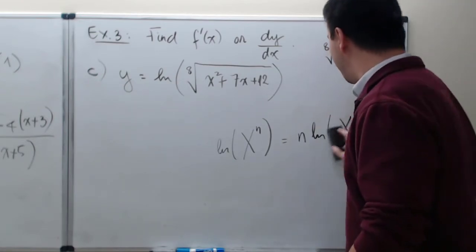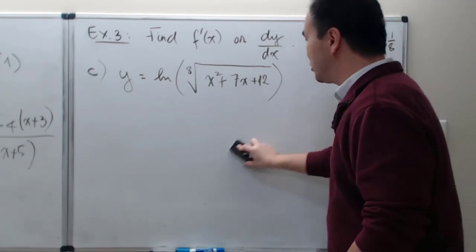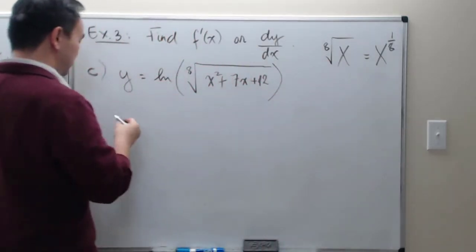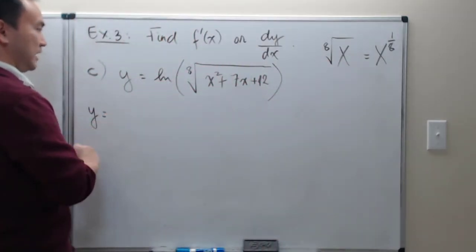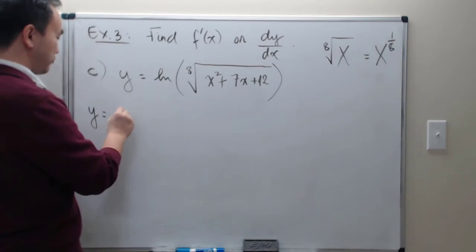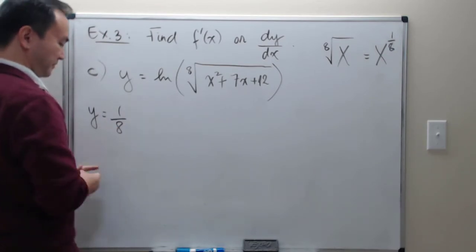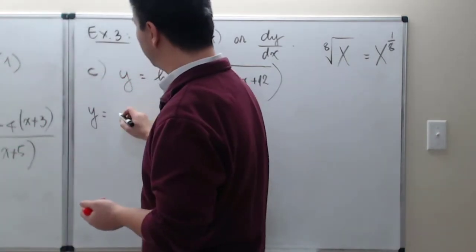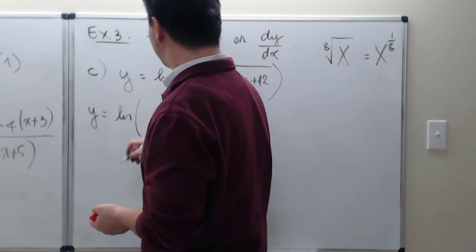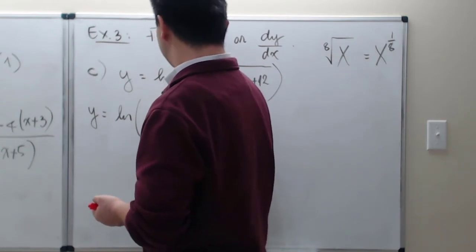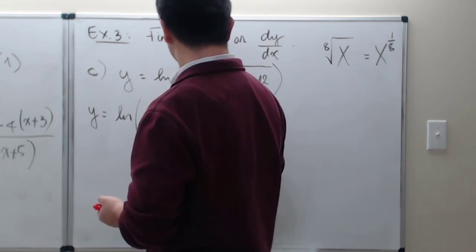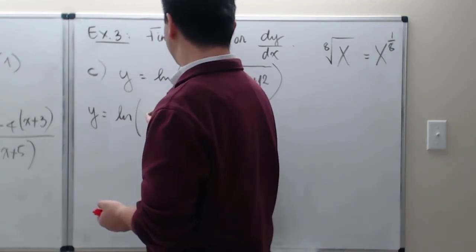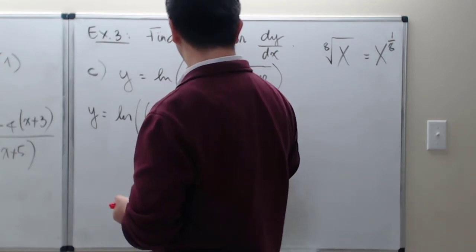So here's how we can apply our understanding to this problem. y equals, now I can bring the 1/8 in front. Let's not rush anyone viewing my video, so I'm going to take time to write one more step, even though in practice you probably don't need to do this. So x squared plus 7x plus 12 raised to the 1/8 power.